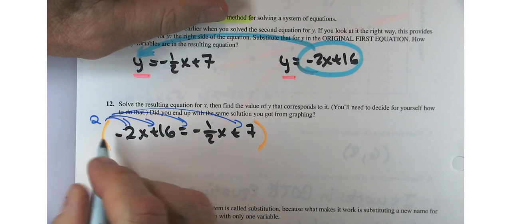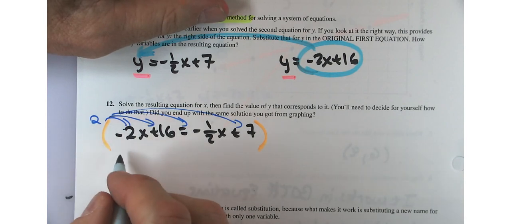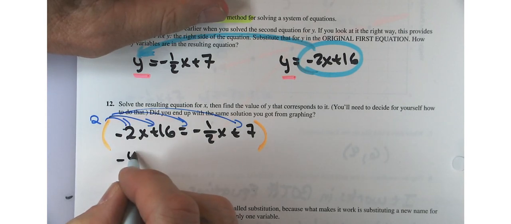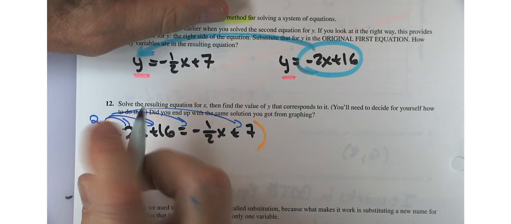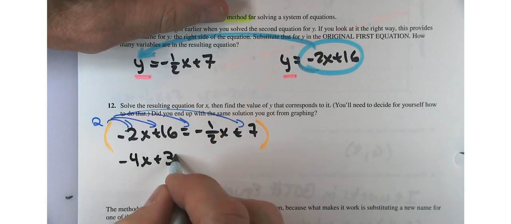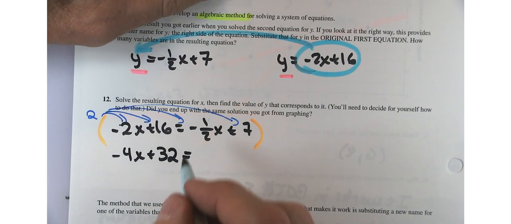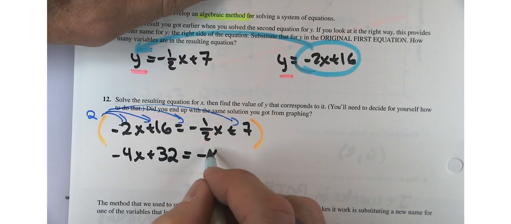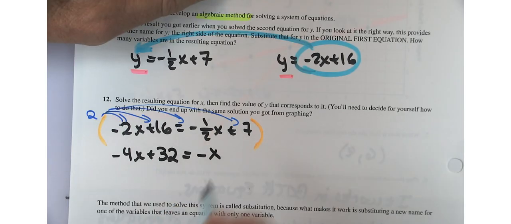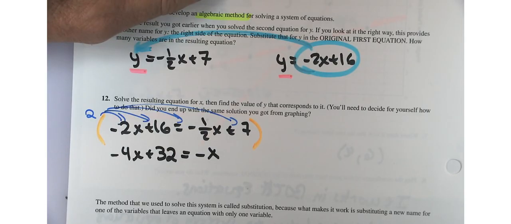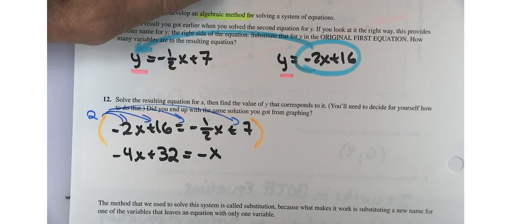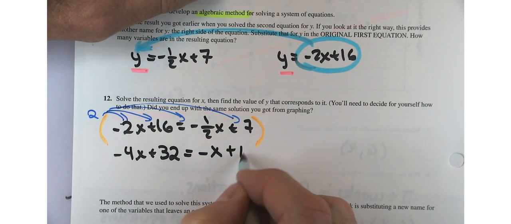So 2 times negative 2x would be negative 4x plus 32. Good. Negative 1x. I'll just write negative x. I don't have to write the negative 1. If you're comfortable with it, you can write the negative 1. Plus 14. Nice.